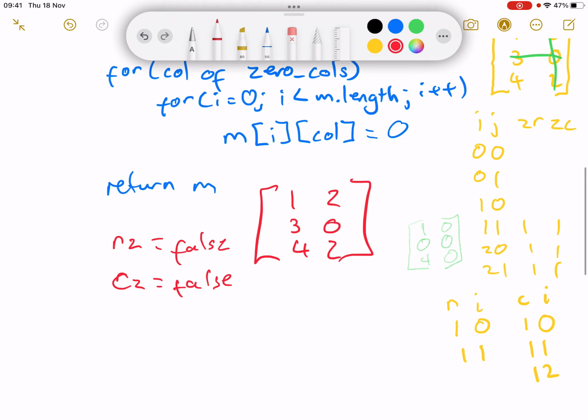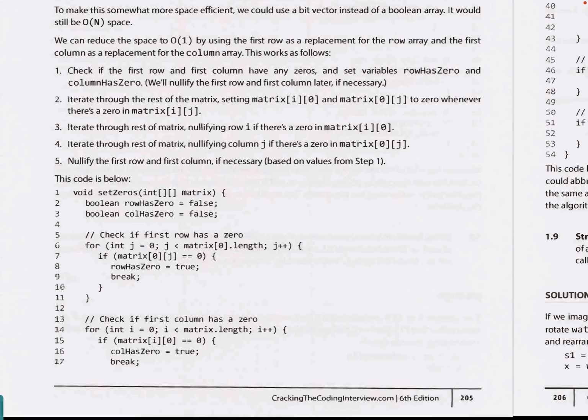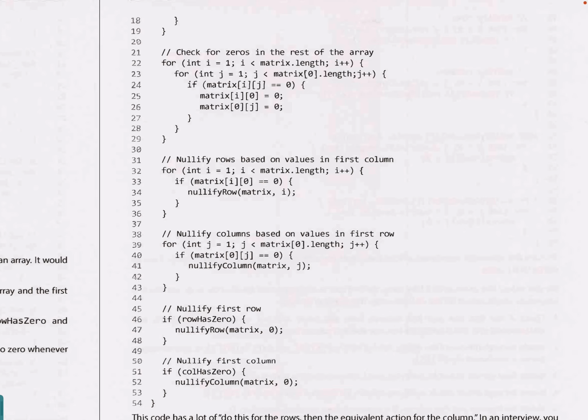So these two are false. Then we iterate through the rest of the matrix, setting I0 whenever there's a 0. Okay, check zeros throughout the rest of the array.